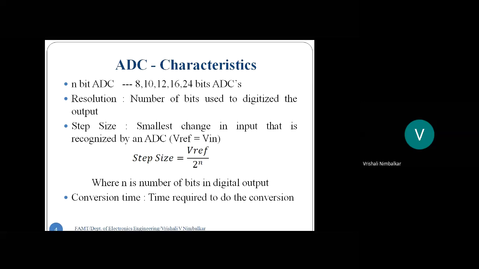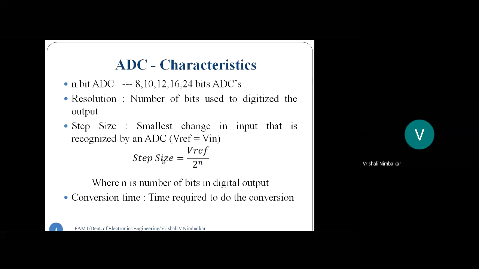Right? Now because of this, what happens? Whenever we go for analog to digital conversion, a few of the voltages will be skipped or ignored. Due to that, there will be error. Suppose I convert an analog signal into digital, and from digital I convert it back into analog.